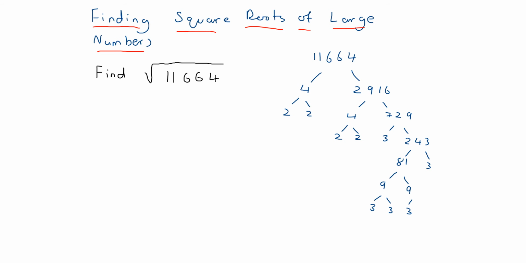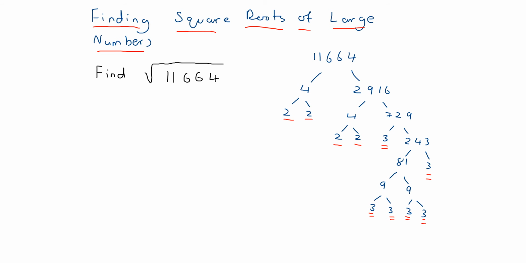And there we go. Good practice for our factor tree. So let's have a look what we've got: 1, 2, 3, 4 2s, and 1, 2, 3, 4, 5, 6 3s.